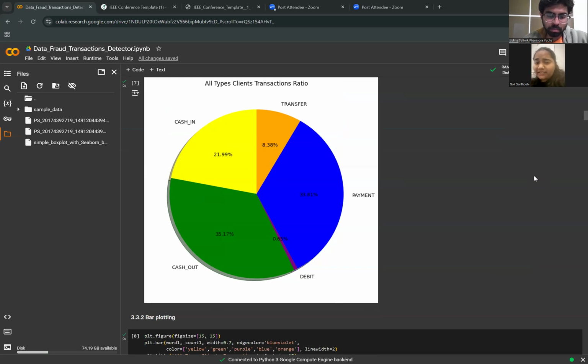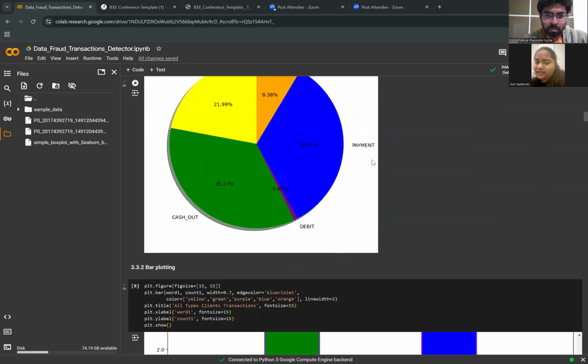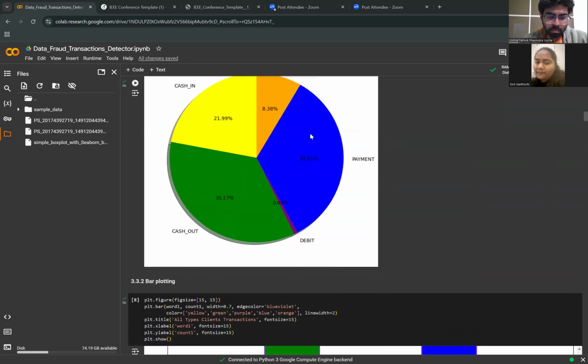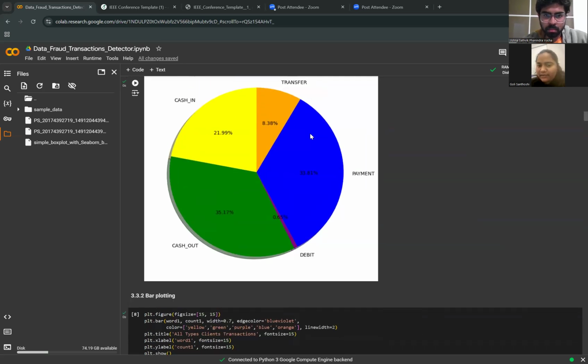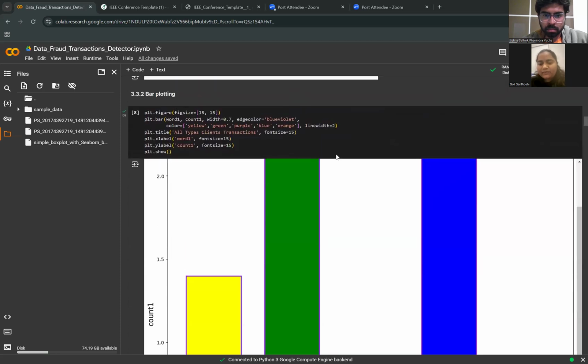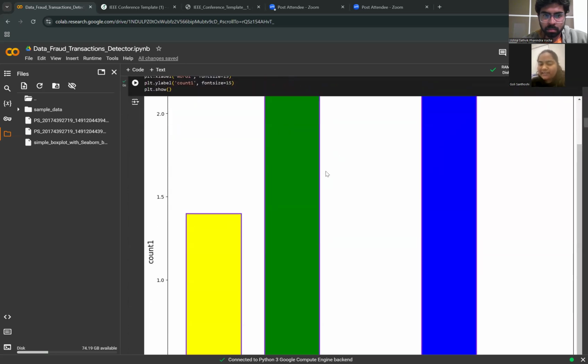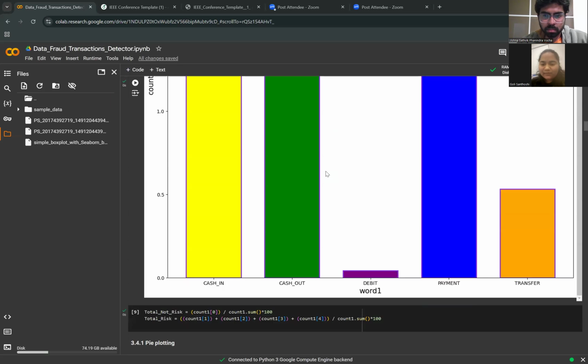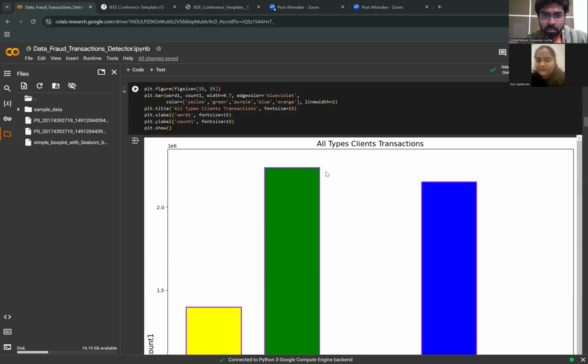In the pie chart, cash in shows less color compared to cash out; we differentiate with different colors. If it is cash out or debit, which are more risky, we have shown them in brighter colors, and the less risky ones in lighter colors.